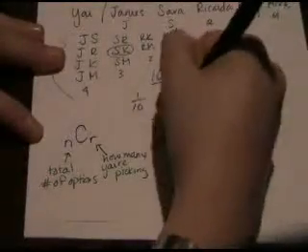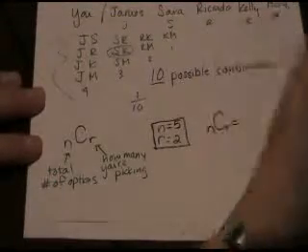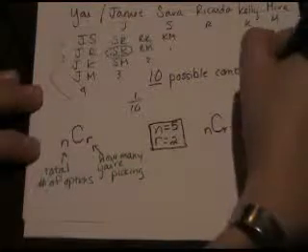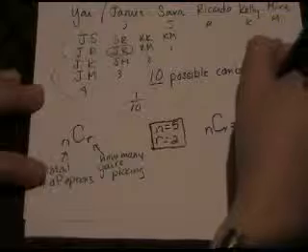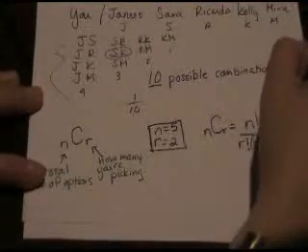Now let's save that to plug in when we know what the formula is. So here you go. You ready? The formula for calculating how many possible combinations there are is nCr equals n factorial over r factorial times (n minus r) factorial.